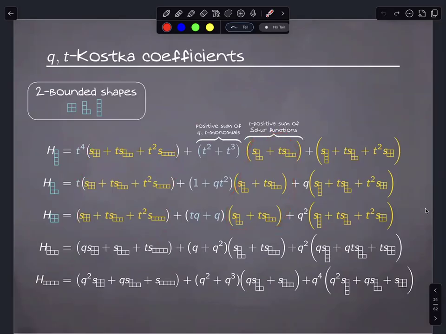Okay, and so one for each of these shapes. One of these bubbles for each of those shapes still had positive coefficients in Q and T. So we were like, oh, wow, maybe we can figure out what this guy is, and then this is easier. But of course, it's a little bit disappointing that it only works for 2-bounded shapes. So that's like special case city.